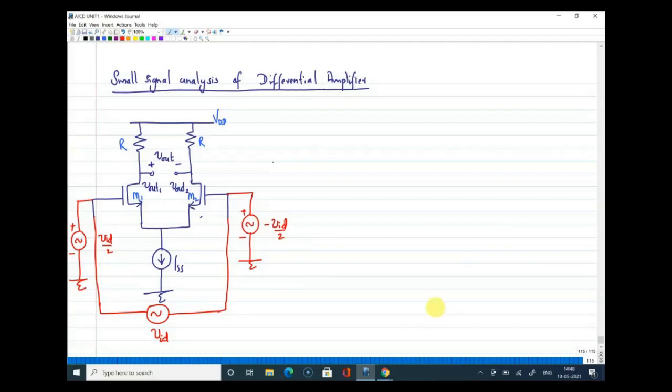Yes, Avinash. So what I was telling is, you want to apply a differential signal. That is what you can see now. That is Vid. All right.